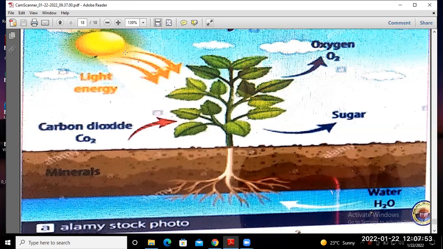So the chemical reaction releases oxygen and sugar. C6H12O4 is just the chemical formula for the sugar. Okay.